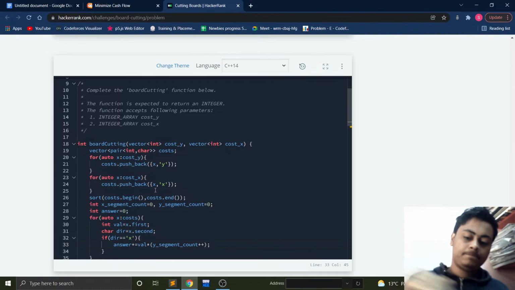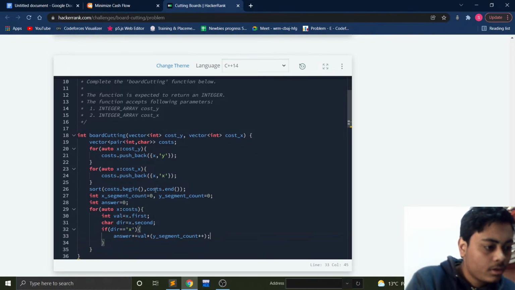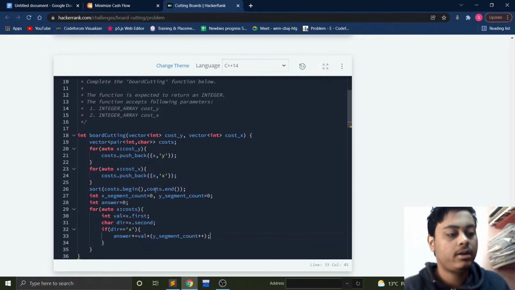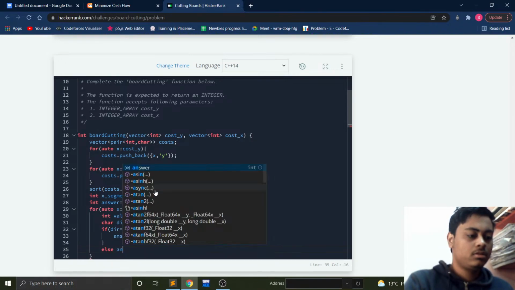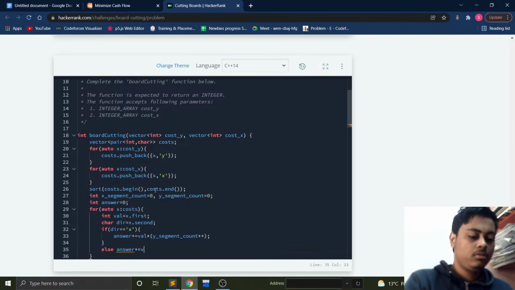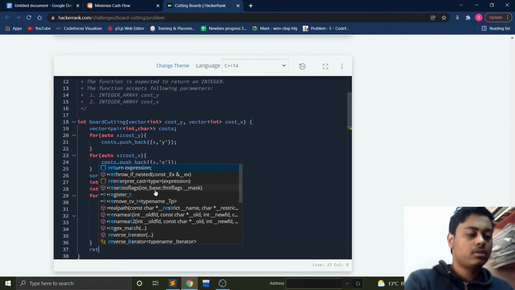Four to 1, then 4 into 2, because yeah, answer plus equal to value into y segment count, else answer plus equal to value times x segment count plus plus, and then just return the answer.